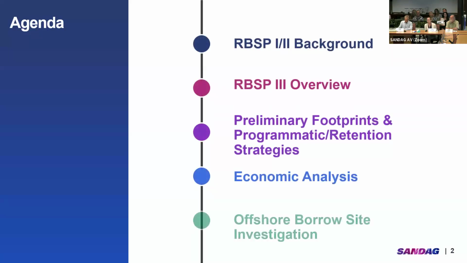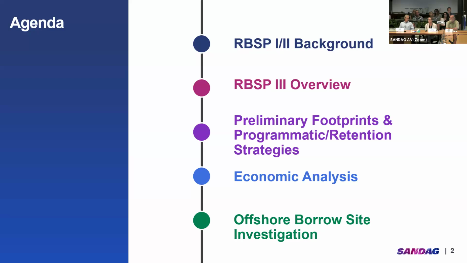So today we're just going to give a brief update on what the status is for the feasibility study phase. We're going to give you a background on the regional beach sand project efforts from 1 and 2, and then talk about what our approach is moving forward.